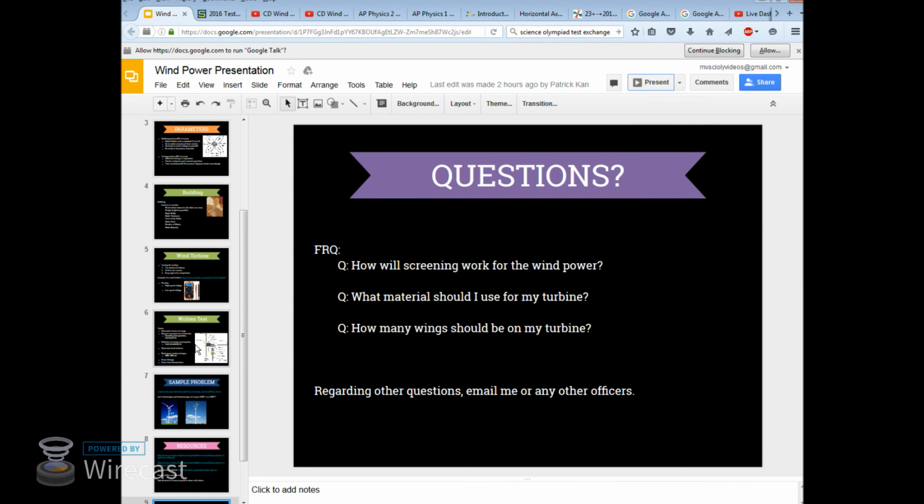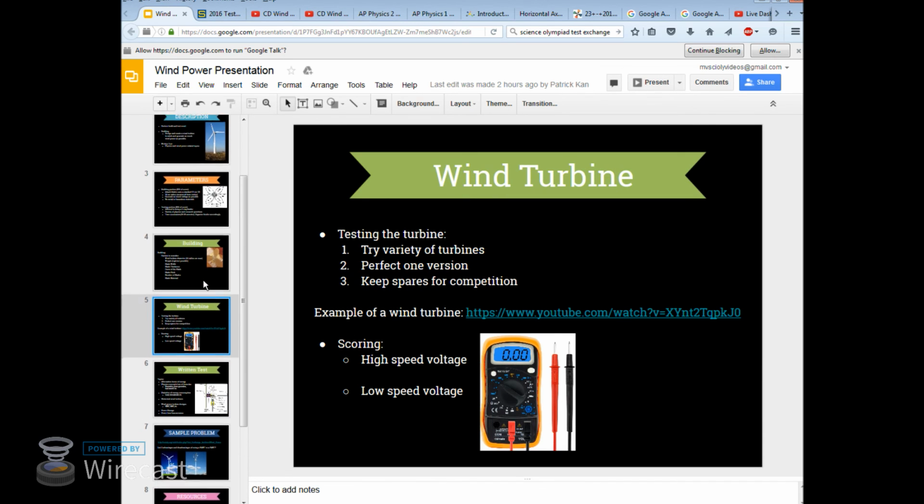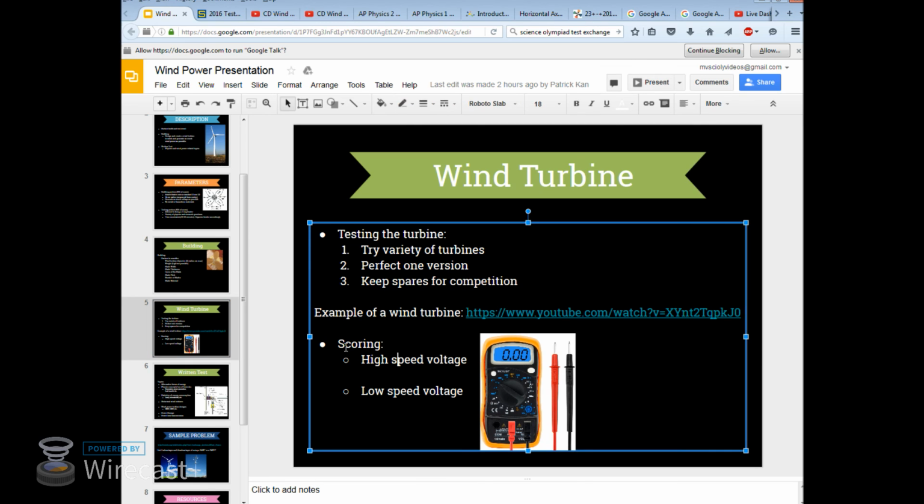So another thing during the testing itself, for the wind turbine testing, there's going to be high speed voltage and there's going to be low speed voltage tests. So it'll be testing it against high speed winds, which will be really fast. That's why your turbine needs to be durable, but also low speed.